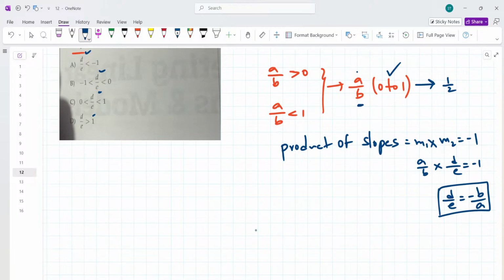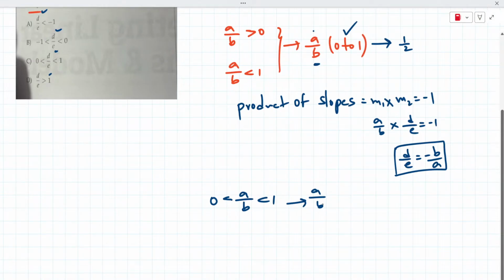From 0 less than A by B less than 1, the A by B value is ranging from 0 to 1. Let's consider A by B equals 1 by 2, which is 0.5.